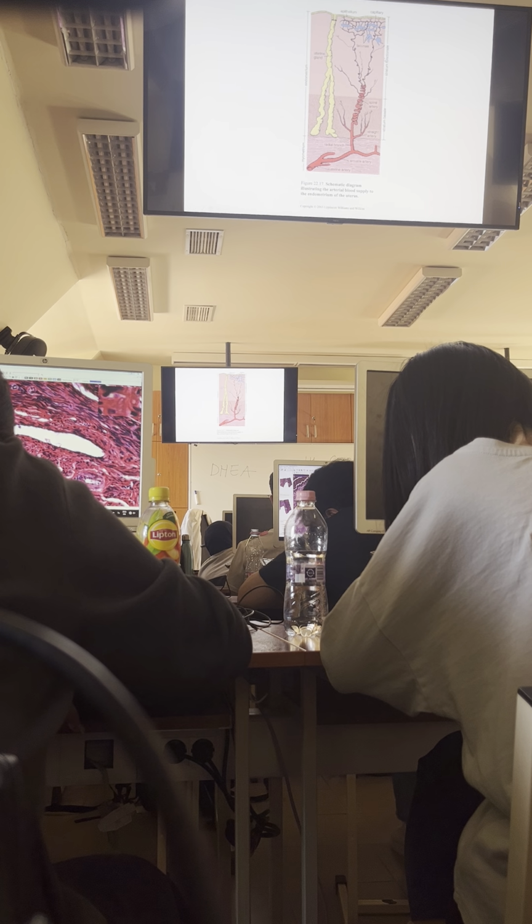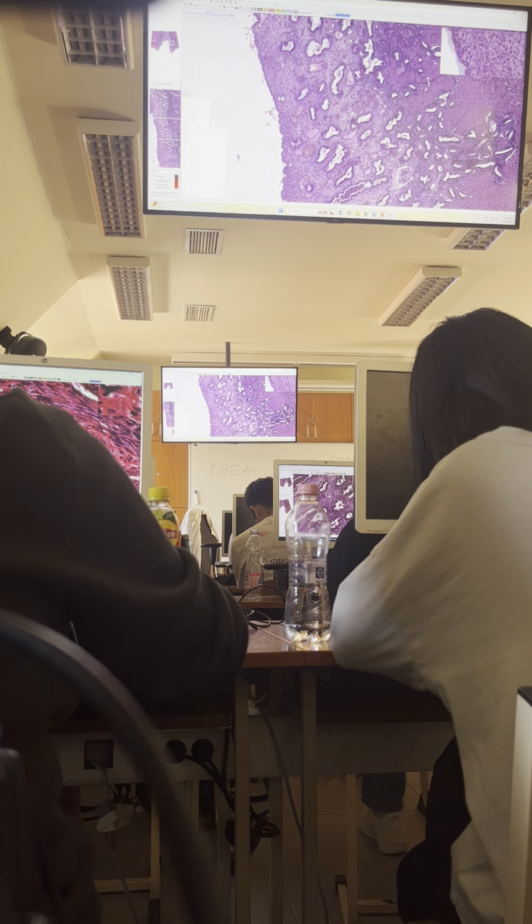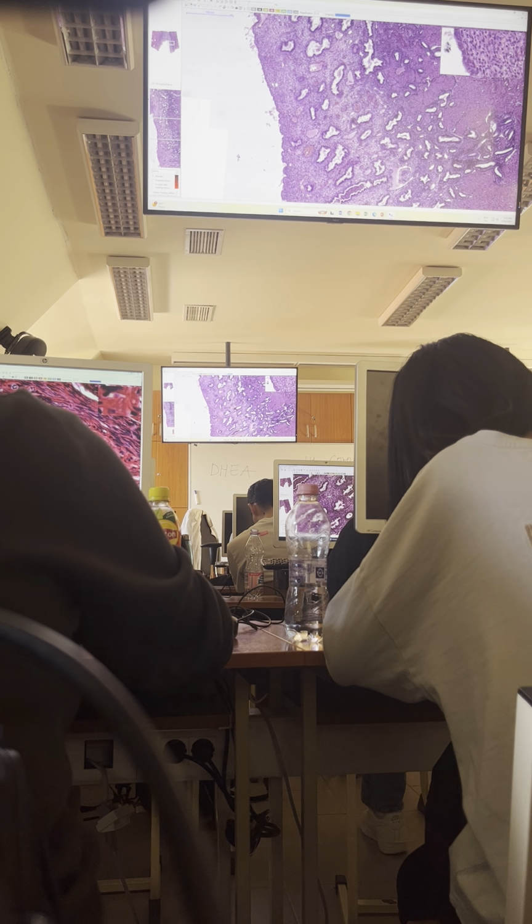No, I didn't say that. What I said is that within the functional layer, the staining is different in the secretory phase, which is related to the edema in the spongy layer and the less edematic compact layer.